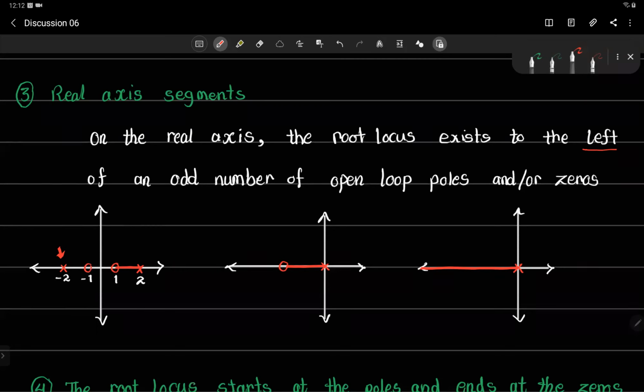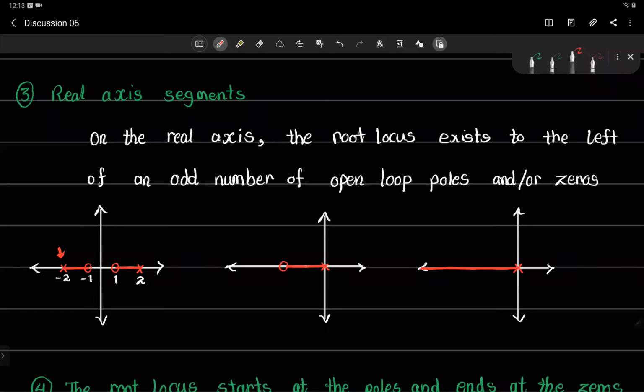And then finally, the segment between -2 and -1, we have to the left an odd number, we have only one pole, and so this also is a segment of the root locus. So this is just a very simple example that tells us that on the real axis, the root locus exists to the left of an odd number of open loop poles and/or zeros.